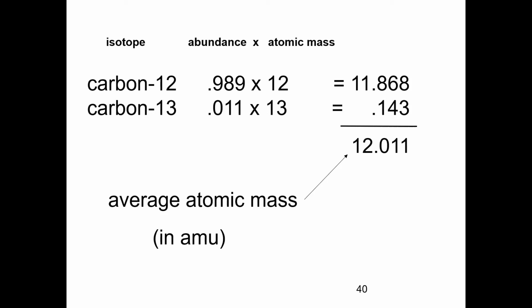We add those numbers together, and that calculation will get us to 12.011, and those are atomic mass units. Okay, so you don't really have to do this calculation, since this number is always found on most periodic charts. Just so you know how it's different and that it's not the same as the mass number.